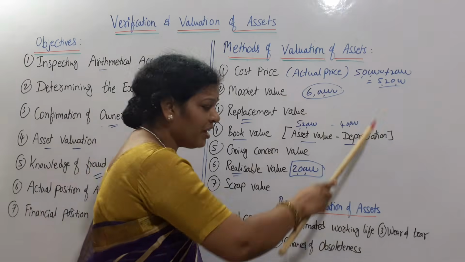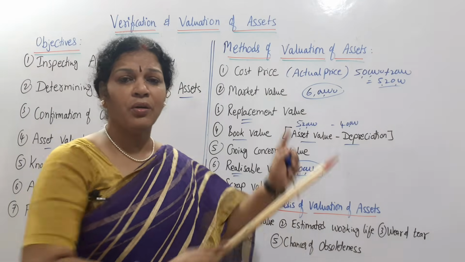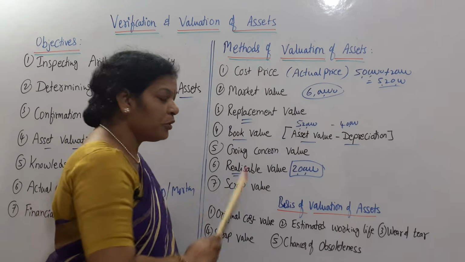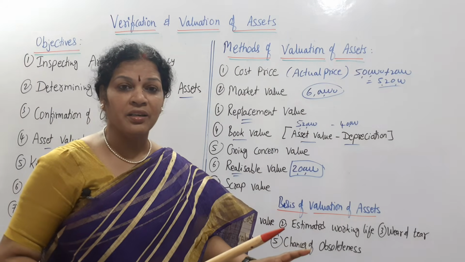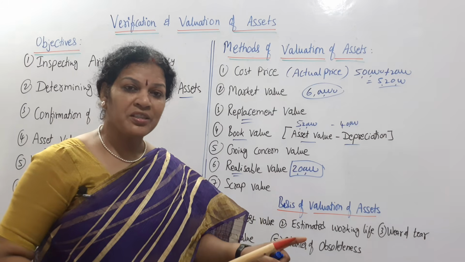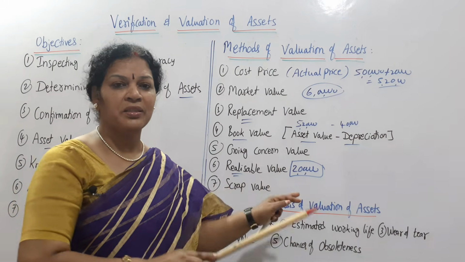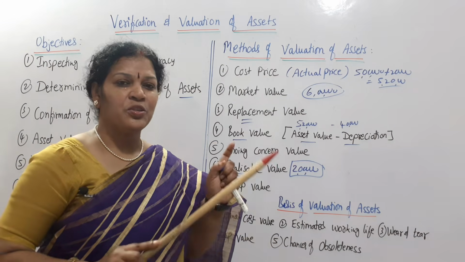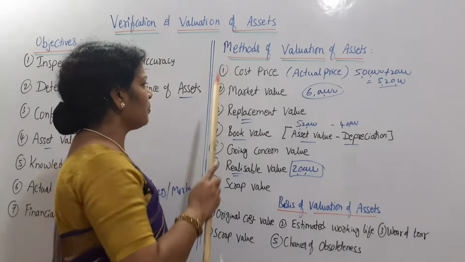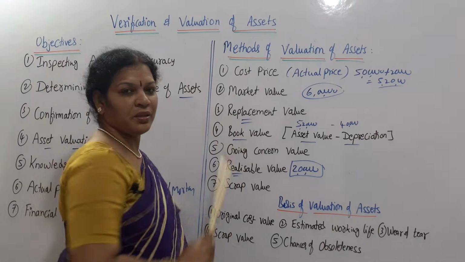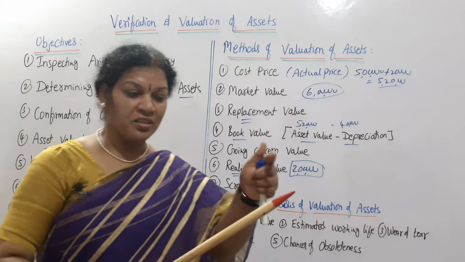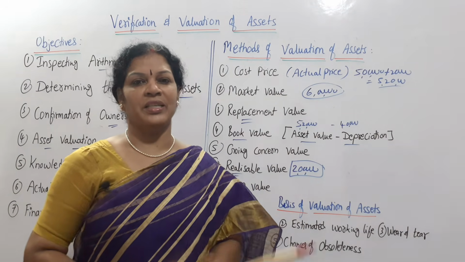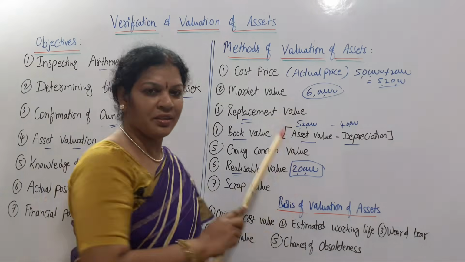Am I clear? We can follow any of these methods, not all the methods. So for the methods of valuation of assets, make it clear which method you want to follow. Once you are sticking to one, the same method is applicable to all the assets, and the auditor has to verify that same method. Suppose the company is following the cost price method, then the auditor should have that knowledge and verify all the assets by the same method only, not any other method.